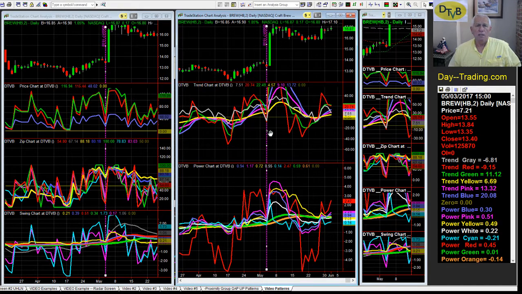Occasionally you'll see trend red or one of the other lines cross just barely under zero, and then there'll be a second day of a possible red candle. Oftentimes it has a long upper tail, so it could have been a green, but then it got pushed back down by the end of the day.